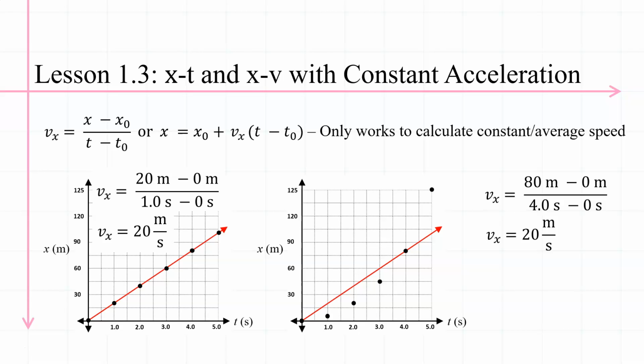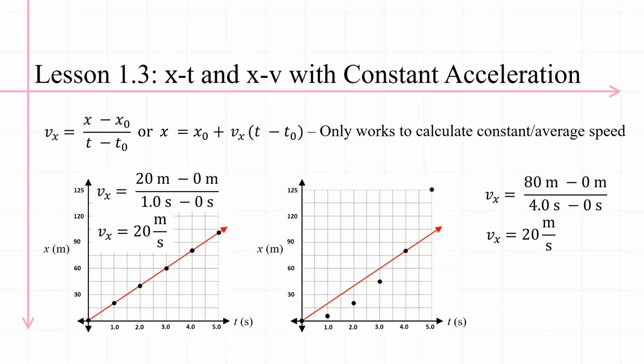Whereas before, a constant velocity is just going to be the same regardless of where you calculate it on a graph. Before we move on, I just want to mention there is a special notation we use when we're talking about average velocity versus constant velocity. Constant velocity would just be shown with a v or a vx, like I have in the equations on the screen right now, especially the ones on the left.